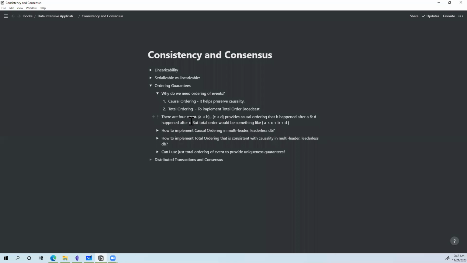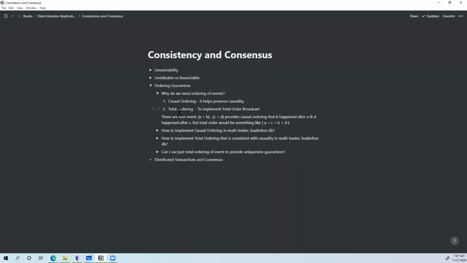There should not be a problem in the distributed system where we have somehow stored the events in the wrong order, so that the effect comes before the cause. That is one scenario: for causality we need causal ordering.